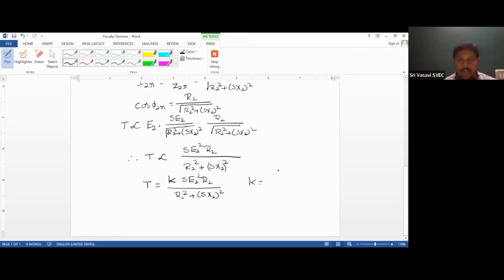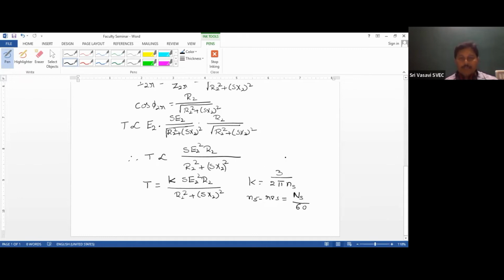K equals 3 by 2π ns, where ns is the synchronous speed in RPS, revolutions per second, which equals ns, the synchronous speed in RPM, by 60. So T equals K into SE2 square R2 by R2 square plus SX2 whole square.